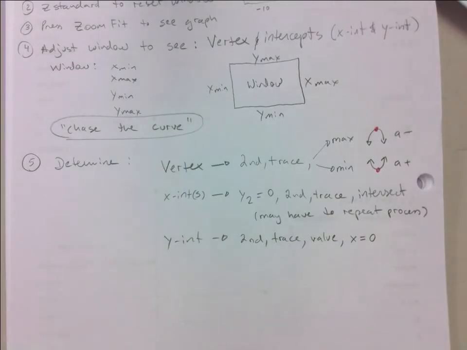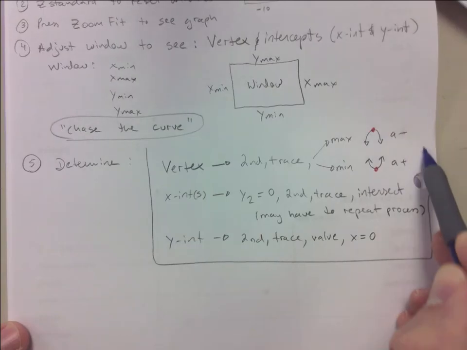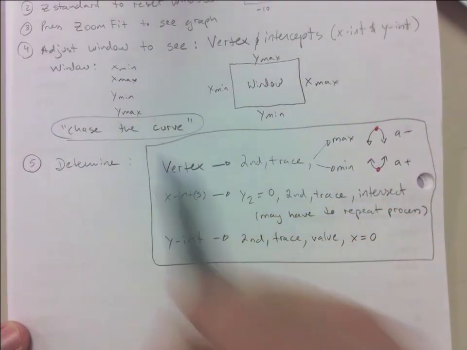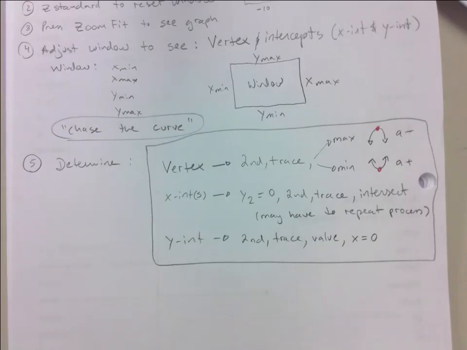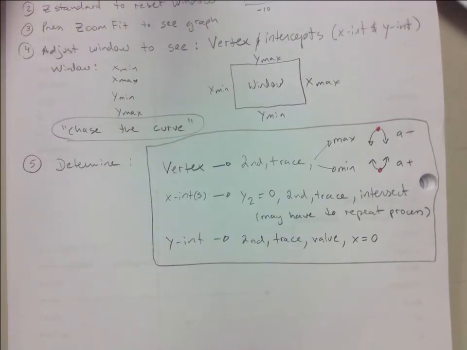So these are the most important ones in order to graph. This is crucial that you have these present if you want to have a decent graph. Make sure you write that down.